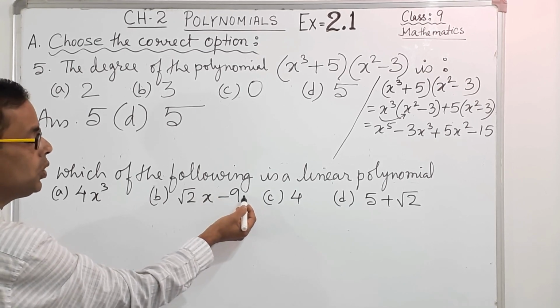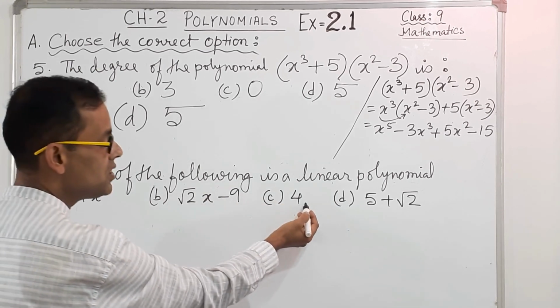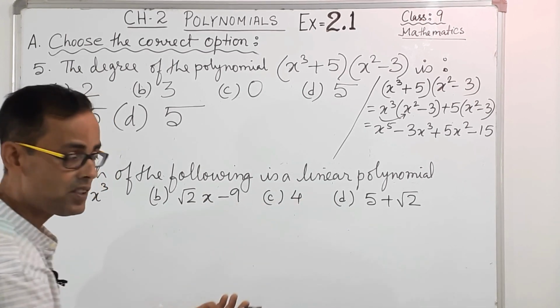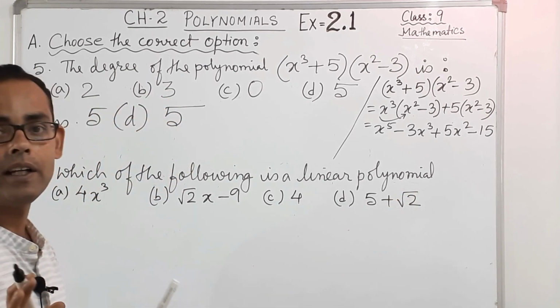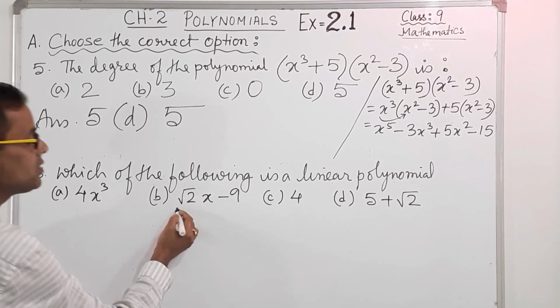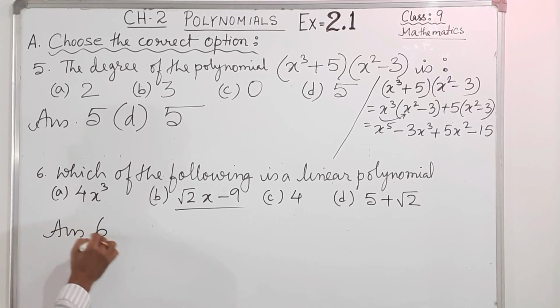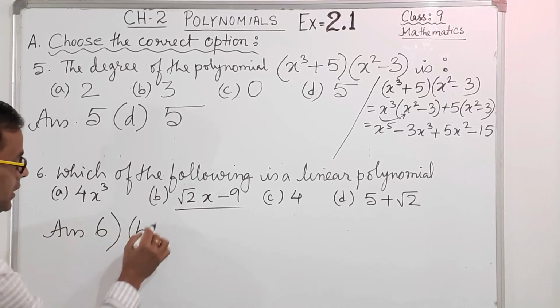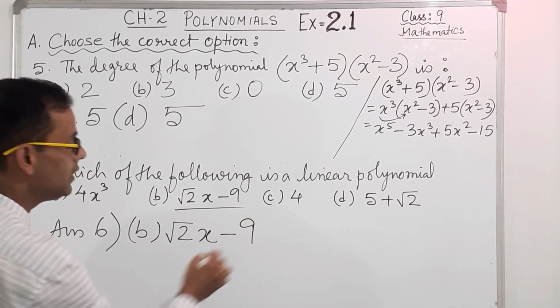Here x to the power 0, so highest is 0 and 1, highest is 1, okay. Here also 0, 4 means 4 into x to the power 0, and here 5 plus root 2, this is only 1, okay. So now what you can see, root 2x, so this is the answer. So answer 6, option B, root 2x minus 9.